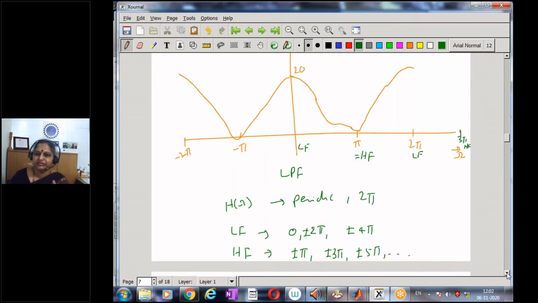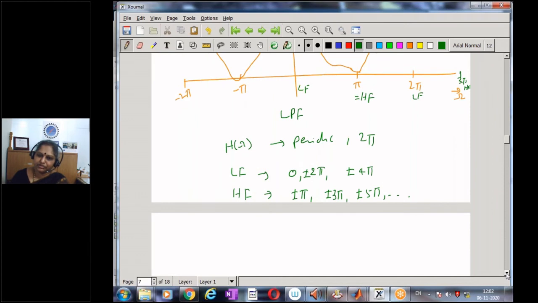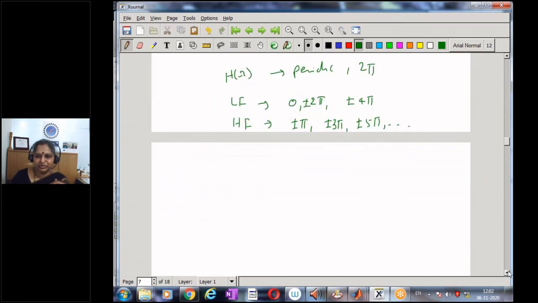This is our frequency response. So from the frequency response, we are able to comment on the periodicity, and whether the filter is low pass or high pass. In this specific case, the frequency response is that of a low pass filter, and hence the given system is a low pass filter.